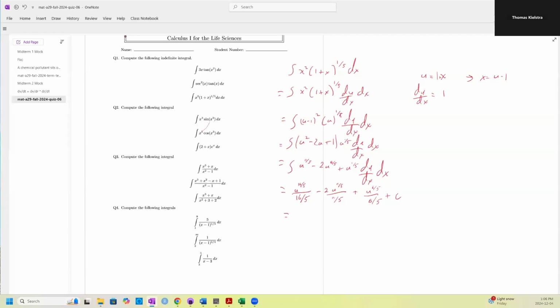Substituting back and making the fractions look nice gives me 5 over 16 x plus 1 to the 16/5 minus 10 over 11 x plus 1 to the 11/5 plus 5 over 6 x plus 1 to the 6/5 plus c. And we have our solution.